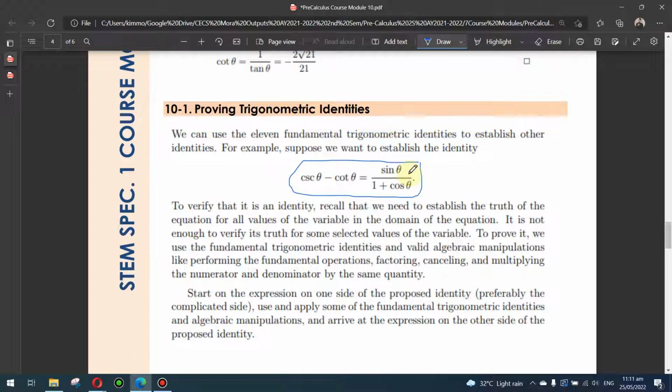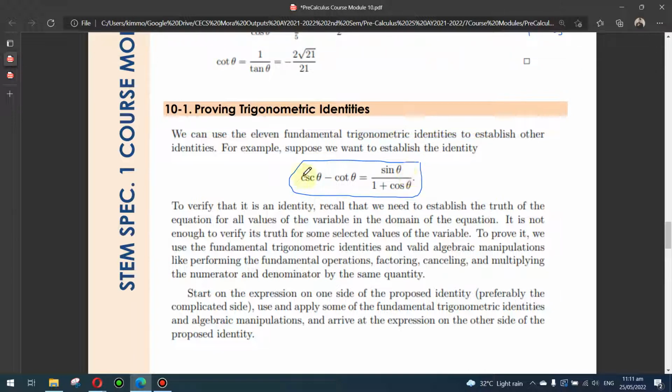Dili pwede nga isa ra ka value. What if atong gitry kay cosecant 0 minus cotangent 0, then ang answer nato diri 0, then diri kay 0. Then mingon na din ta nga this expression is equal to this expression. So dili pwede nga isa ra ka value; dapat all of the values sa atong variable kay true siya, sa tanan.